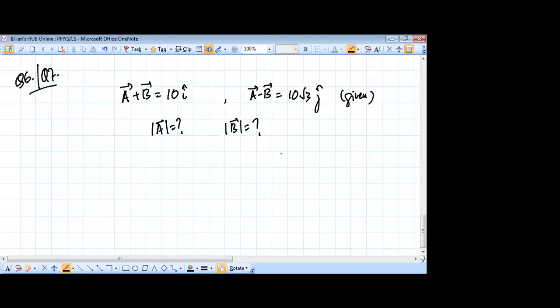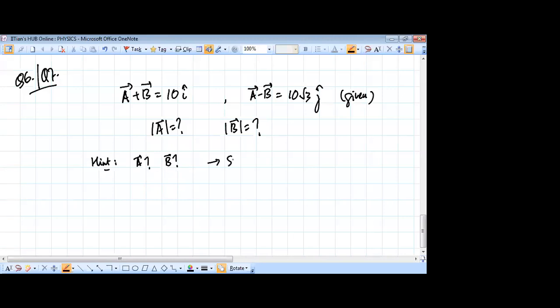So anybody got the answer for this? Okay, so I'll give you a hint on how to try out this question. Yes, that's correct, Prince. Vectors A and B are unknown. But you have two equations. Yes, Aman, that's correct.